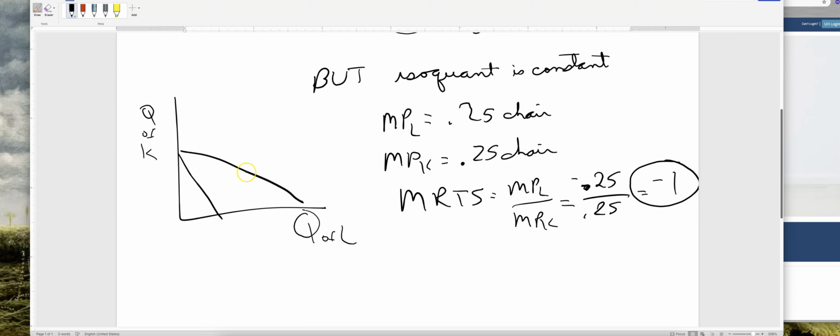We've got an isoquant that looks like that, which is flatter, -1 versus -2.